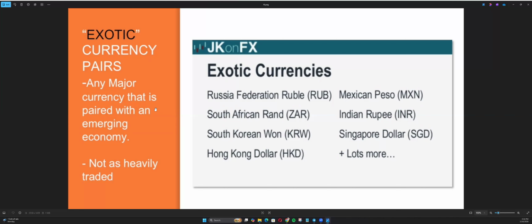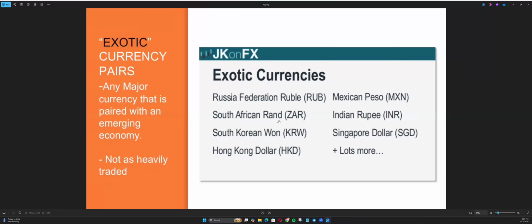These currencies are not traded heavily in the market, but they are exotic currencies because they were paired with the USD. It was a USD pairing an emerging economy that has their currency coming up, yeah.